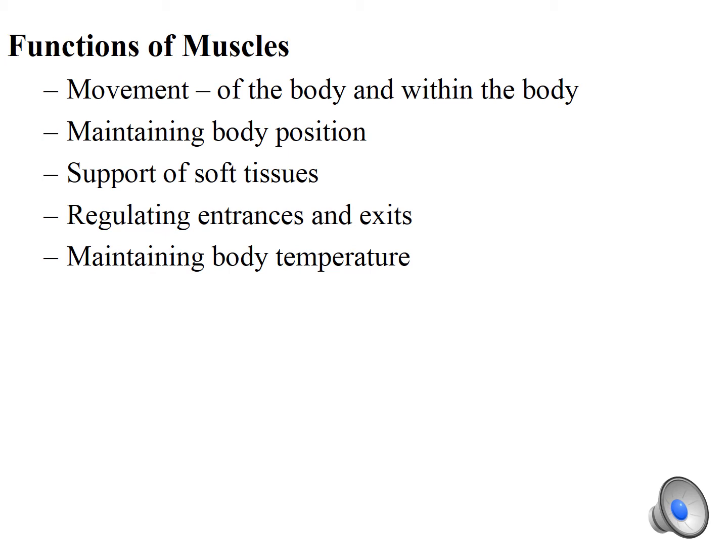And lastly, muscles help us to maintain our body temperature. Our muscles generate a certain amount of heat that helps us to maintain our homeostatic body temperature around 98.6 degrees. When we talked about homeostatic feedback loops, we talked about how if you get really cold, you may shiver, and that is your skeletal muscles contracting in effort to prevent further heat loss and to warm up your body.